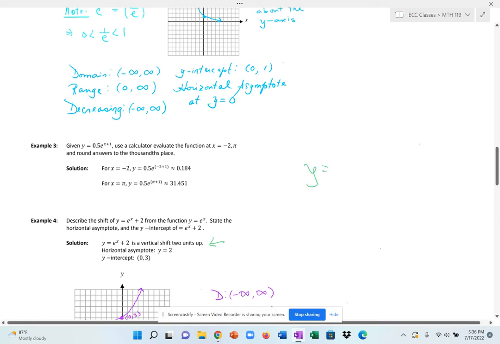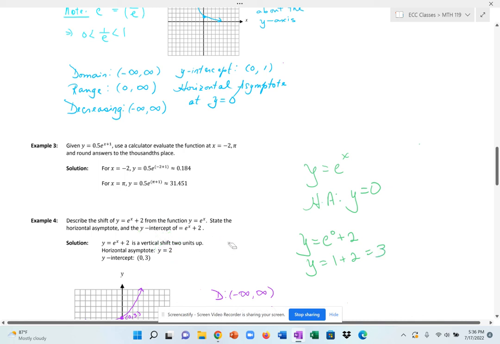So for y equals just e to the x, the horizontal asymptote is y equal to 0. So when I shift up by 2 units, my new horizontal asymptote is y equal to 2. And to answer the question of y-intercept, you just plug in 0 where the x is. e to the 0 is 1. 1 plus 2 gives me an answer of 3. So 0, 3 is my y-intercept.